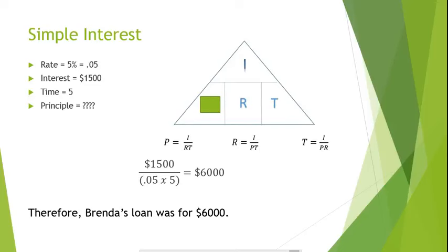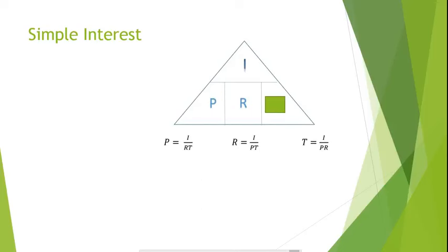Okay, now let's try one more example, but this time let's solve for the amount of time the loan will be held for. Todd took out a loan for $100,000. The simple interest rate on this loan was 4%, and the total amount of interest Todd paid was $40,000. How long was the life of this loan?